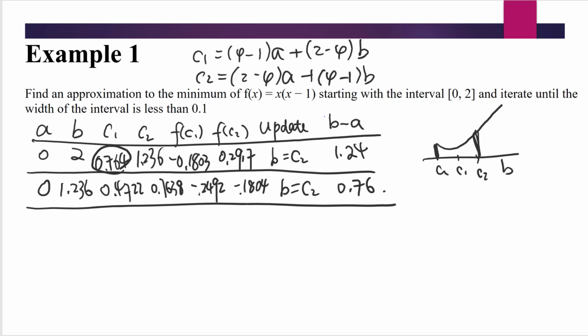Okay, so when we do this iteration, you can see here that this C1 is equal to the previous C2, because we are using the formula for golden section search. So we don't need to recalculate f(C2), because it will be equal to the value of f(C1).